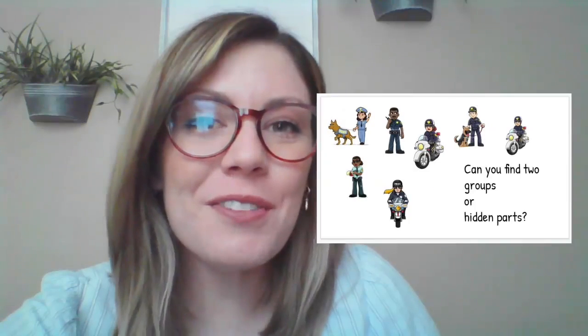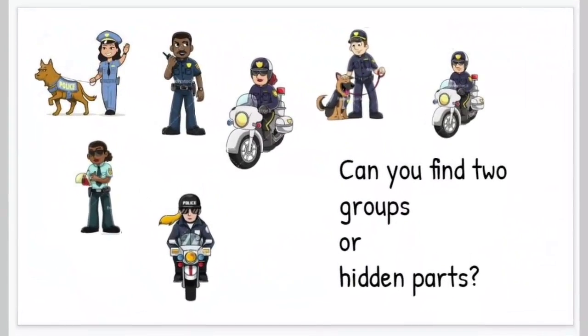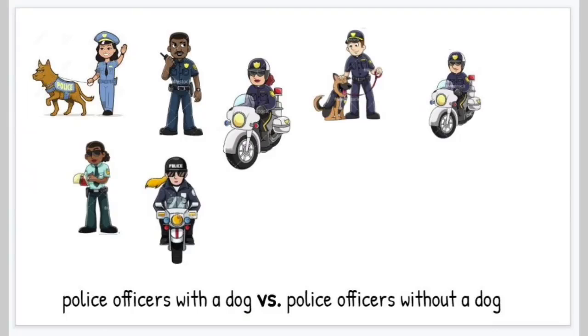All right, friends, we're ready for practice problem number 1. And let's take a look here. We have some police officers. Can you find 2 groups or hidden parts? Now here is the grouping that I noticed that we could do.